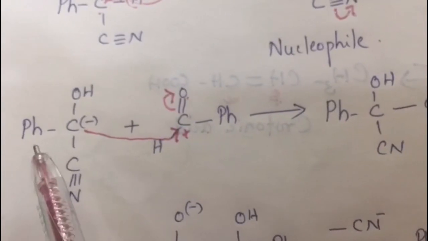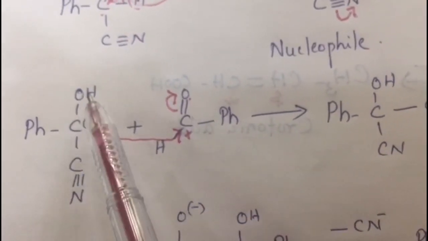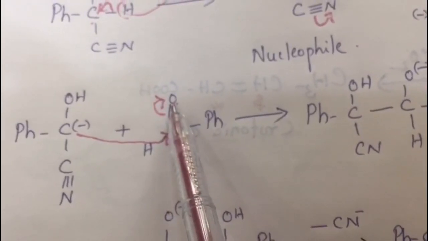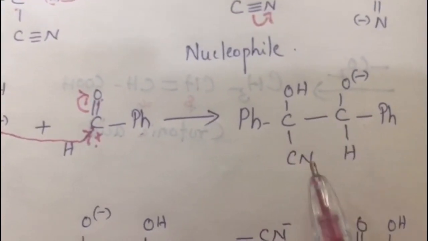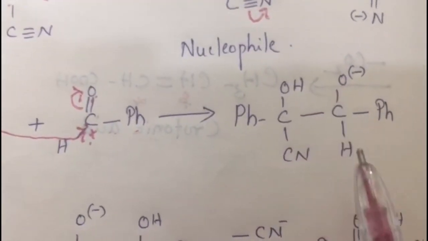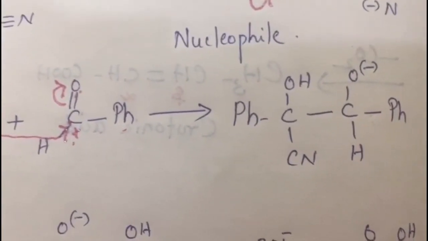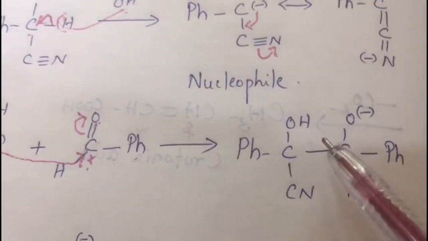So this minus will move towards this positive charge. So the product formed will be PhCOHCN-CO-HPh. Next step is proton transfer.